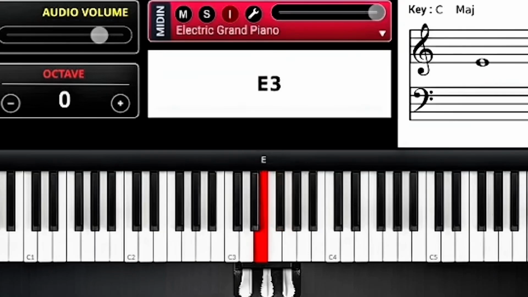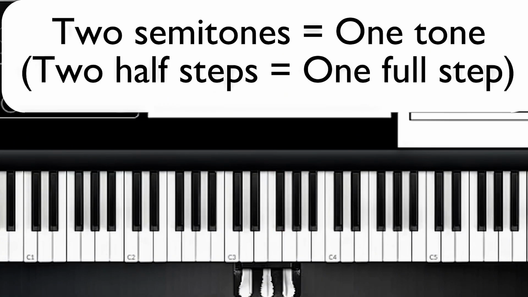From this key to this is a semitone. And from this to this key is another semitone. So 2 semitones got us to the note where just 1 tone took us.